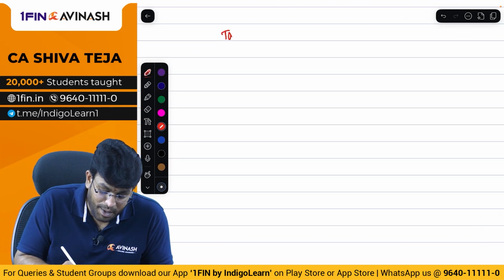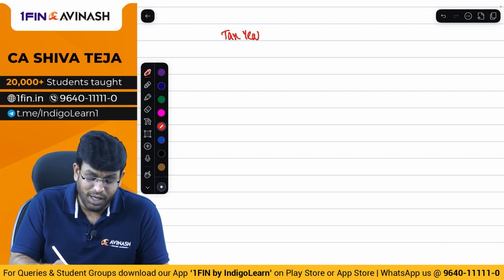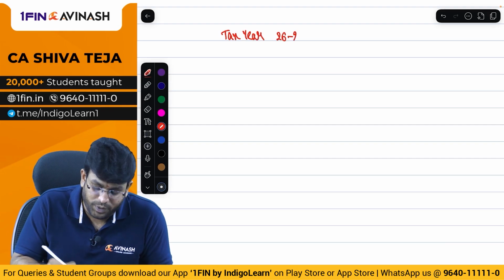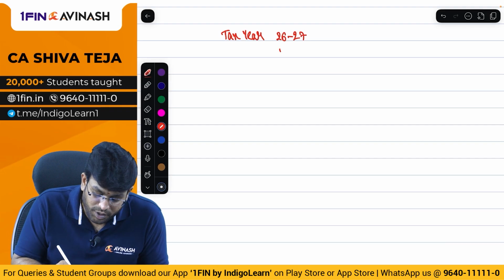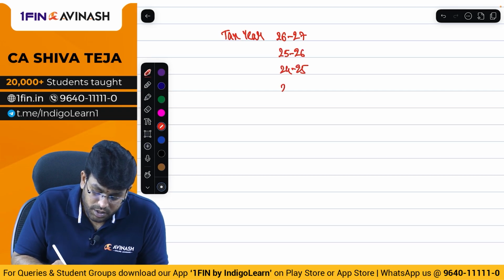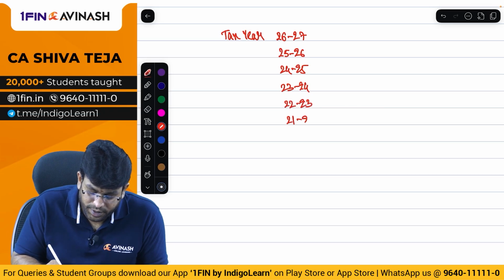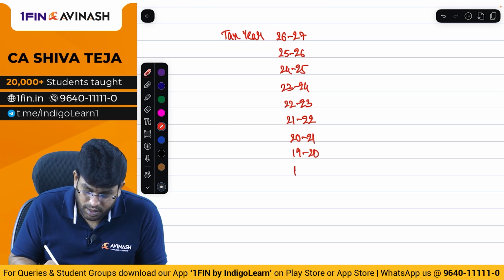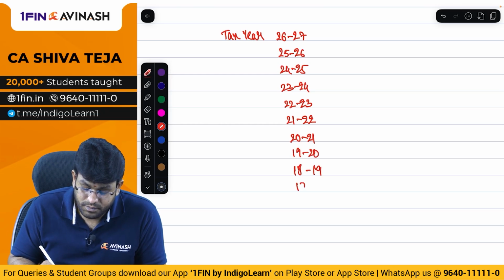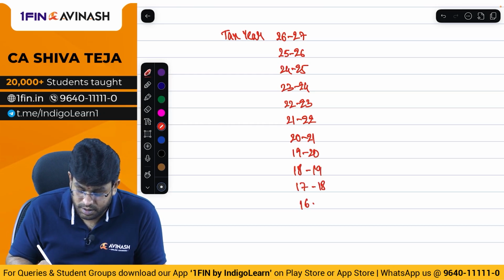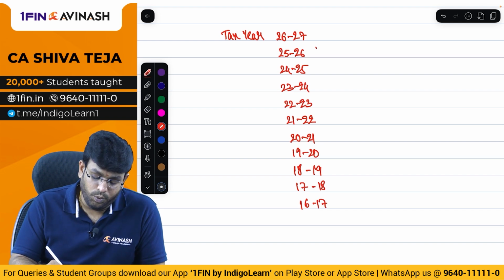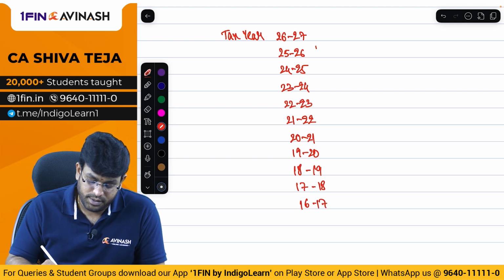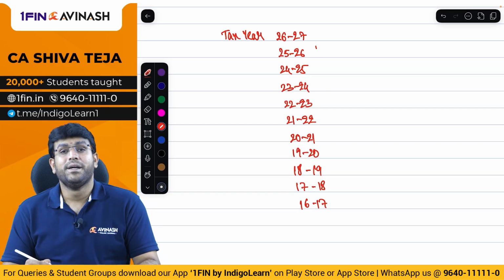Let us say, just for example, the tax year is 26-27. 10 years before that is what? 25-26, 24-25, 23-24, 22-23, 21-22, 20-21, 19-20, 18-19, 17-18, 16-17. 1, 2, 3, 4, 5, 6, 7, 8, 9, 10. 10 years.